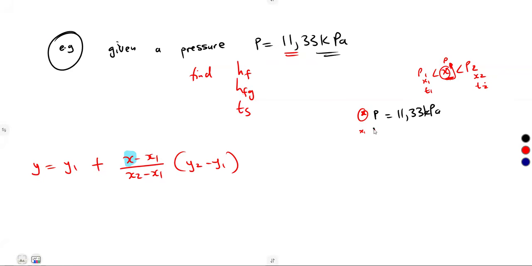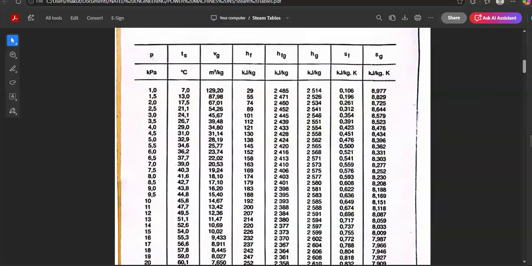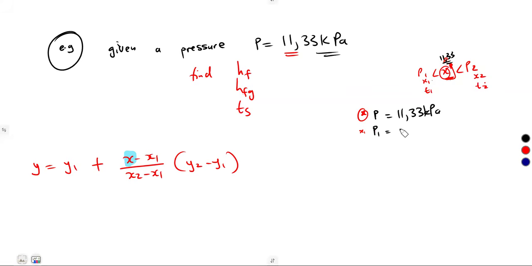That's our P1, which is the lower boundary of 11.33, just like what we had before. So what is the lower boundary here for 11.33? It is found between 11 and 12 on the pressure. So 11 is our P1, the lower, which is 11 kilopascal.